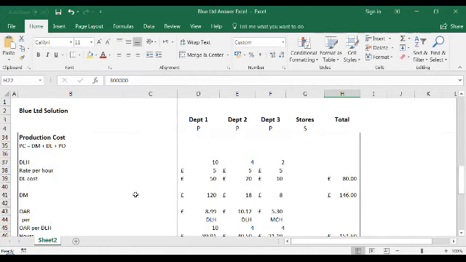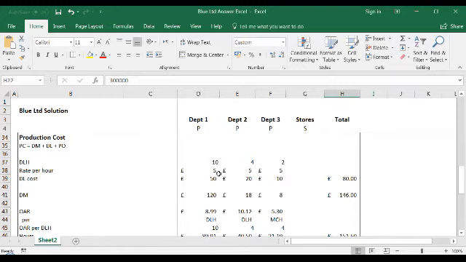And production cost is direct material plus direct labor plus the production overheads that we just worked out using the overhead absorption rate. So direct labor hours, we know, are 10 labor hours for department 1, 4 direct labor hours for department 2, and 2 direct labor hours for department 3. Rate per hour we know is 5 pound.